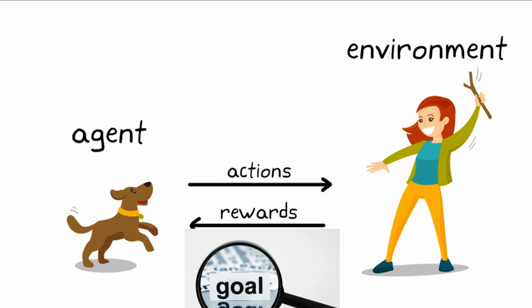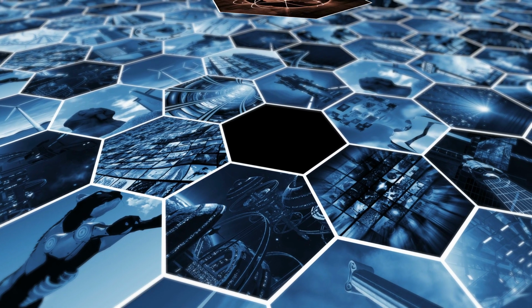I would like to add key concepts of reinforcement learning: agent, the learner or decision maker, like a dog in the analogy; environment, the external system with which the agent interacts, the surroundings where the dog learns tricks; action, the decision or move made by the agent, that is like a trick performed by the dog; and the reward, the feedback given to the agent after taking an action, like the treat for the dog if the trick is well done.